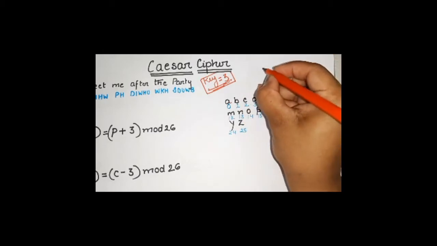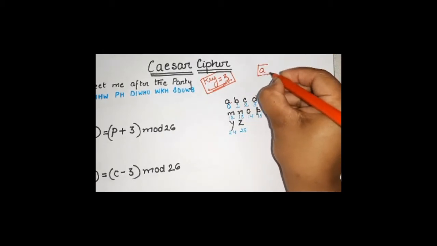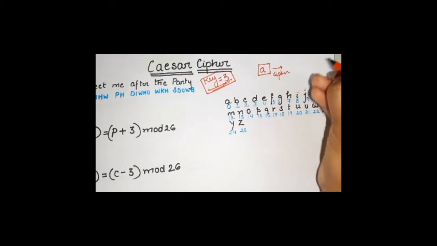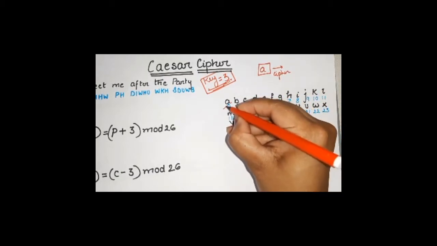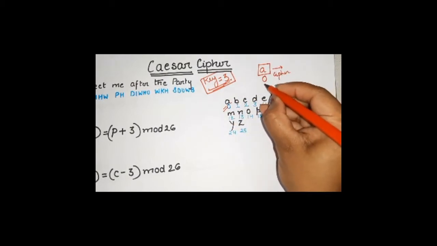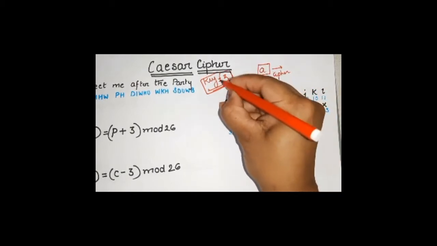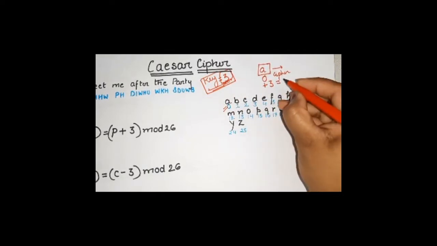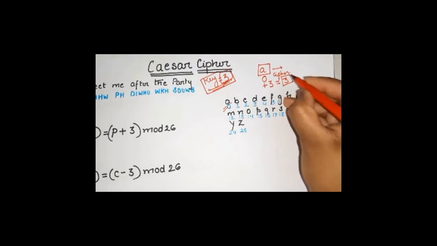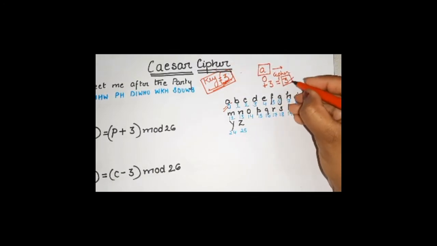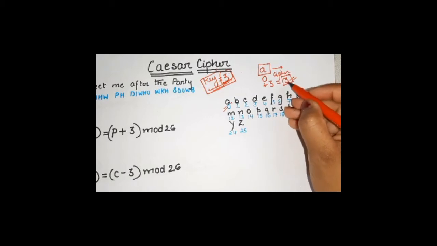See, if I want to convert A into ciphertext, what I'll be doing is using the number value of A, which is 0, and adding the key value to it, which is 3, which gives me a number that is 3, and we'll find out the alphabetical value of 3.